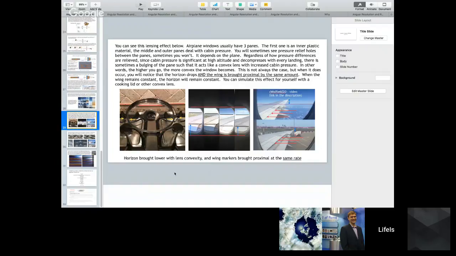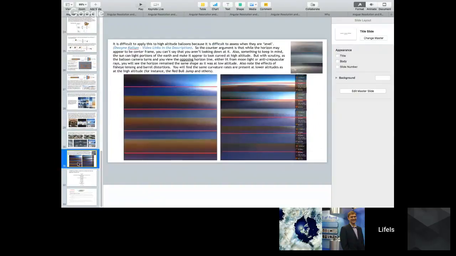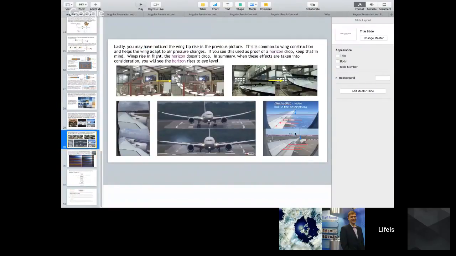Does that make sense? How do you know it's not being taken in a turn? Well, no, that was his argument, right? So he's saying that this is completely level. So that's always their argument too, as for why you can't confirm, like in high altitude balloon footage, that the horizon didn't drop because you're now looking down. Well, that's a good argument for high altitude balloons, not so much for planes, because planes seem to fly awfully level once they get up into altitude.